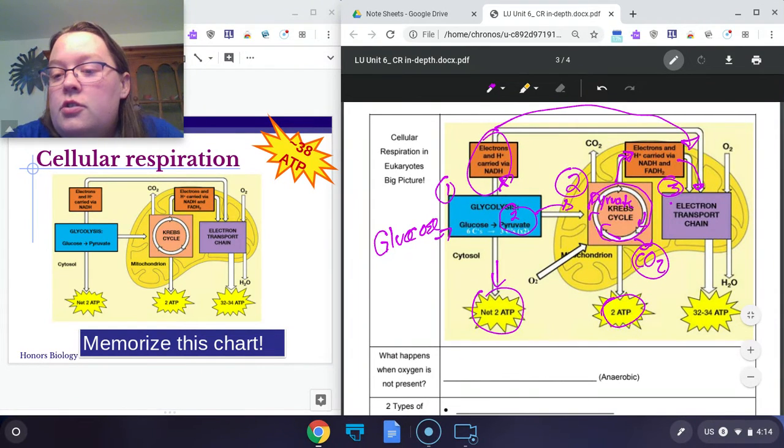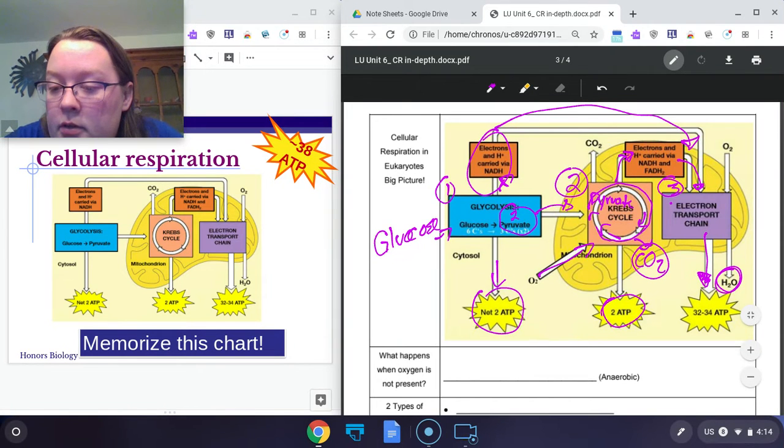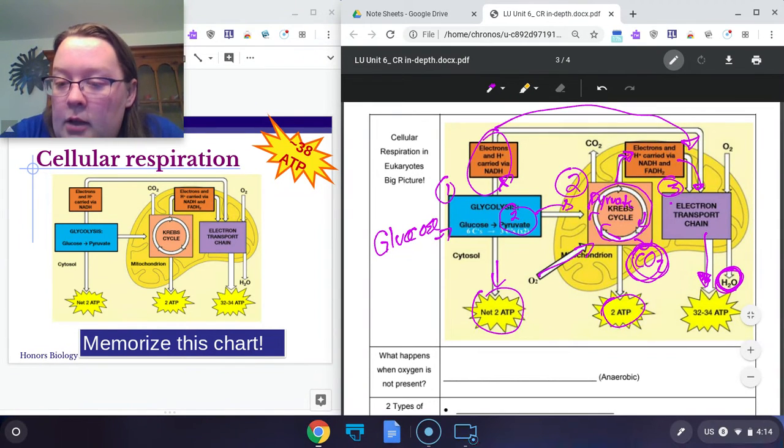So the electrons are used to make ATP. This process makes roughly 34 ATP. We put in oxygen to make water, and it made CO2 over here, as well as tons and tons of ATP. So this whole process altogether makes roughly 38 ATP total.